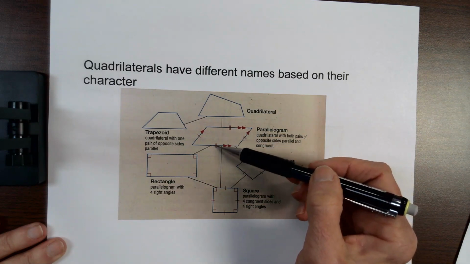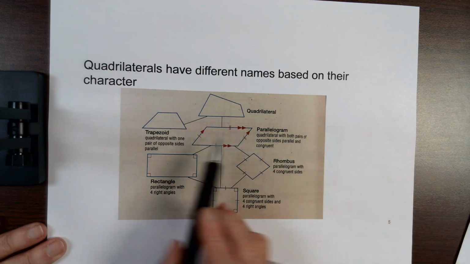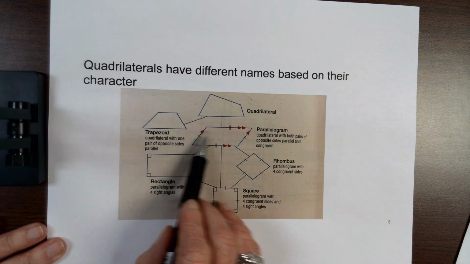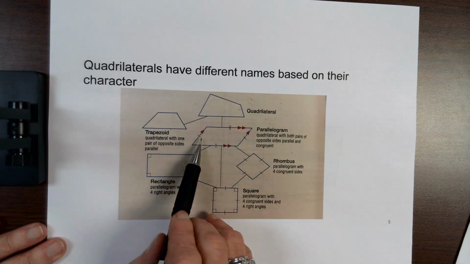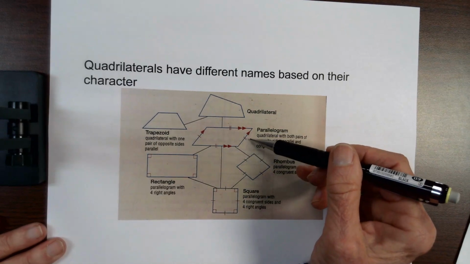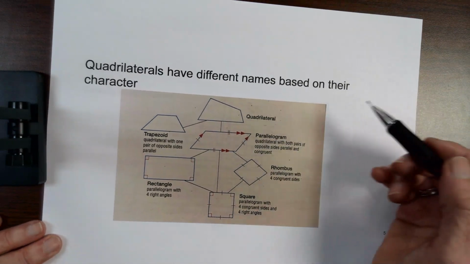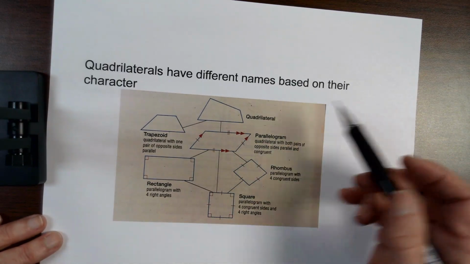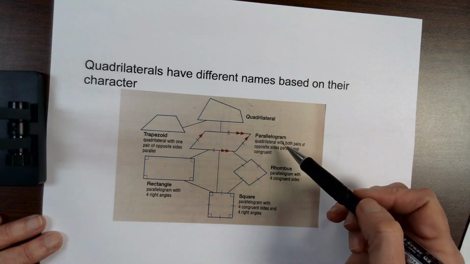And this shows that they're congruent. They have the same measure. This side and this side are parallel. Those little diamonds, that's what that means. And this is congruent with that because they each have one little hash mark there. So therefore I know that this is a parallelogram.